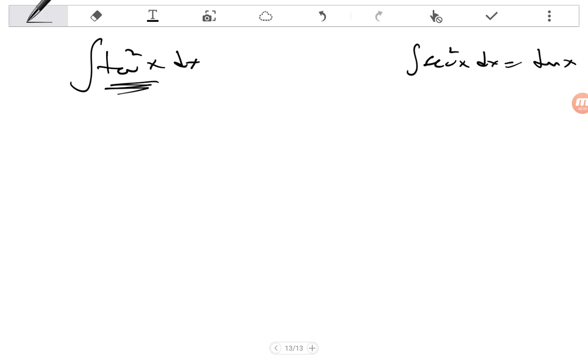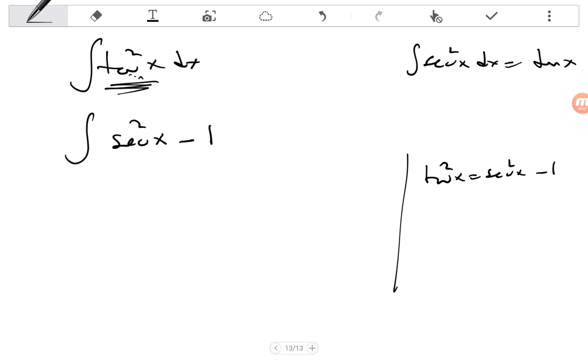Yes, the basic rules. We know that tan squared is sec squared x minus 1. Sec squared and cosec squared are the largest of the trigonometric functions, so we subtract 1 from them to get the tan or cotan. We know these two rules, that tan squared is sec squared minus 1 and cotan squared is cosec squared minus 1.